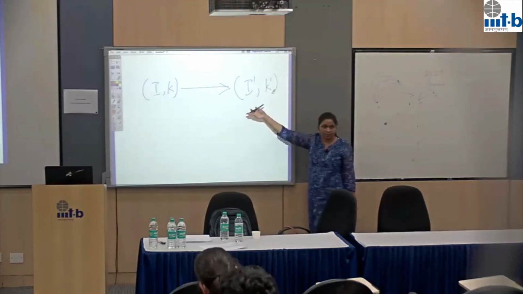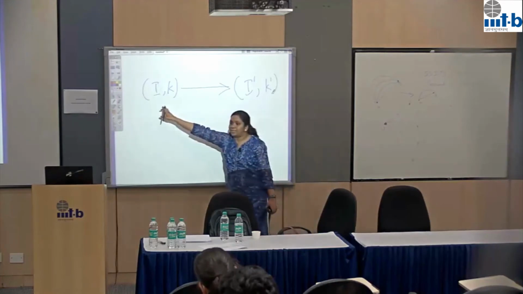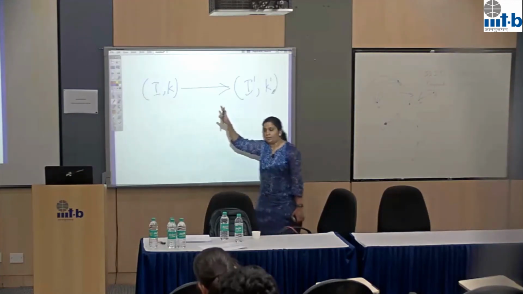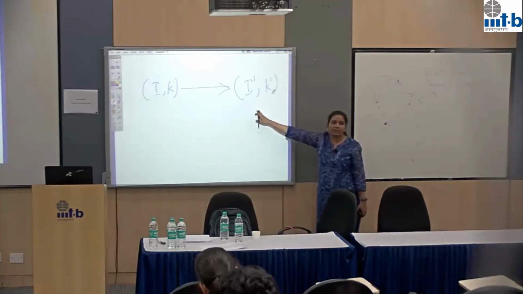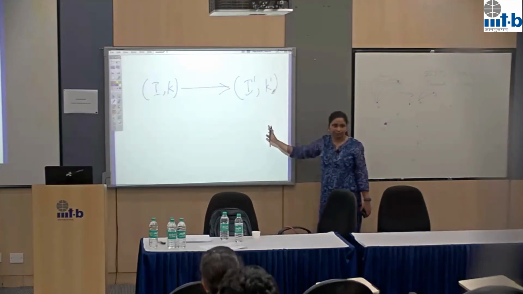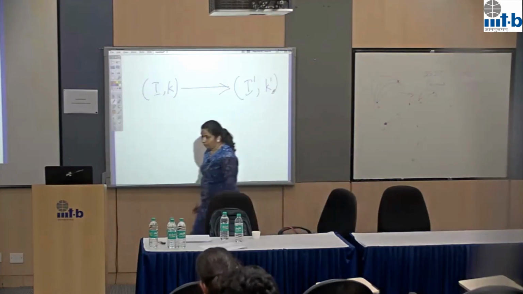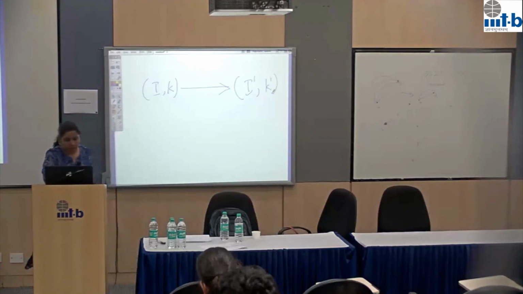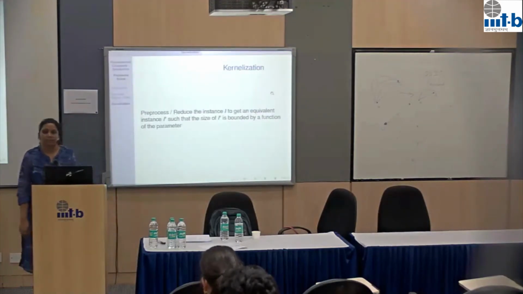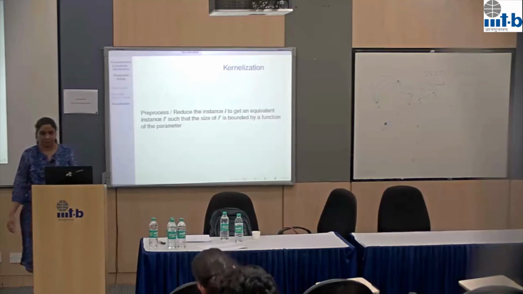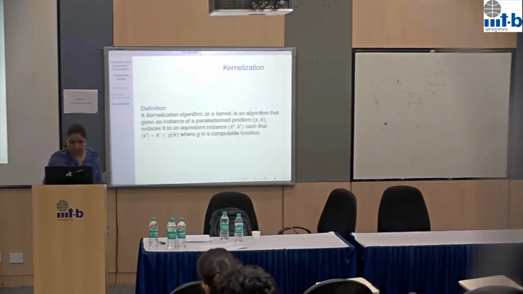For example, for the vertex cover problem, I has a vertex cover of size k if and only if I prime has a vertex cover of size k prime. And this I prime, k prime is called the kernel of the problem. Okay, right. So a more technical term is this.